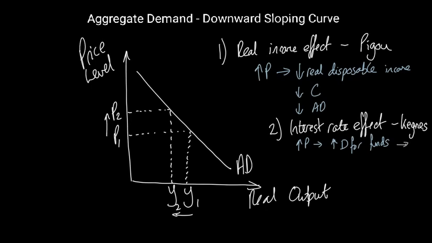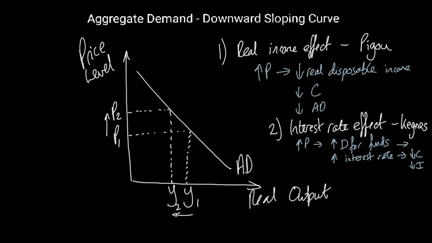That leads to an increase in the interest rate, and that leads to a reduction in C and a reduction in I, which leads to an overall reduction in AD, as we can see from Y1 to Y2.